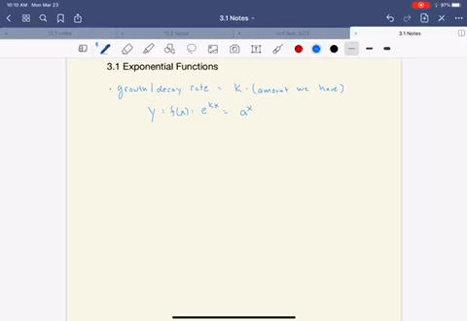Okay? Now, this a, if it's bigger than 1, we have exponential growth. If it's between 0 and 1, we have exponential decay.